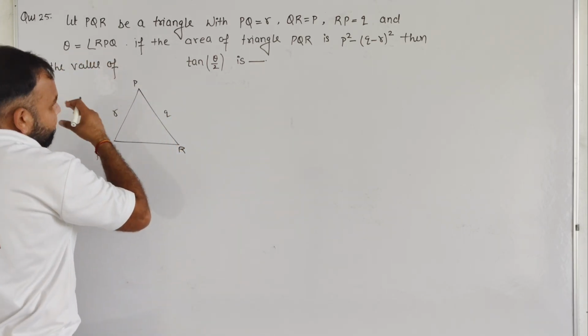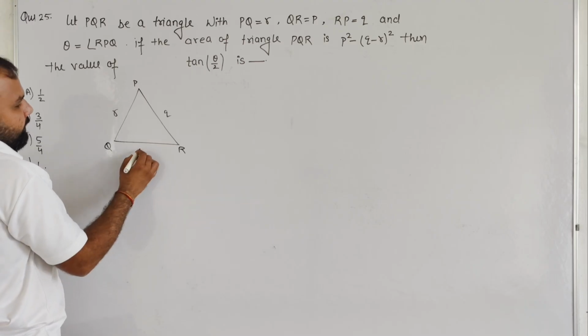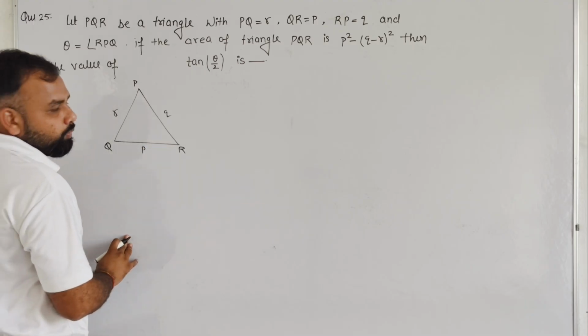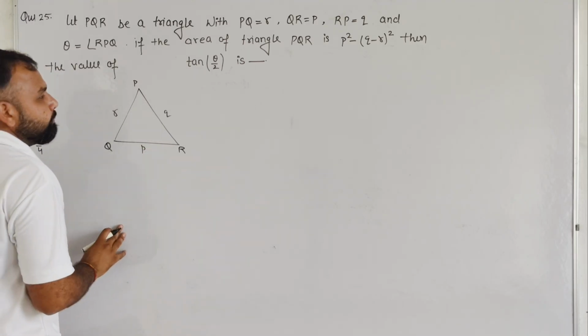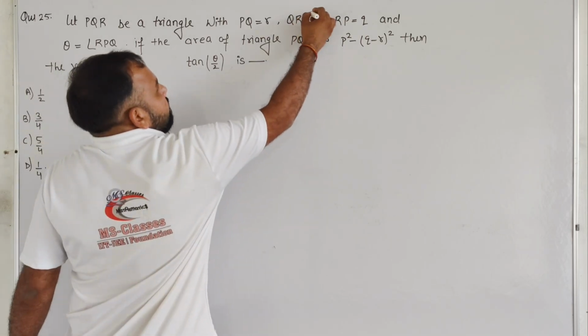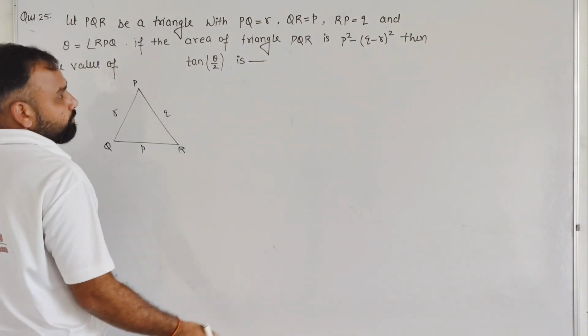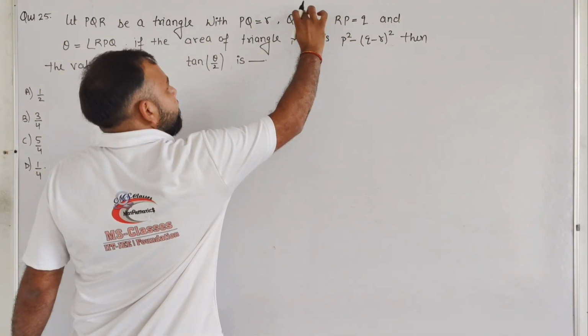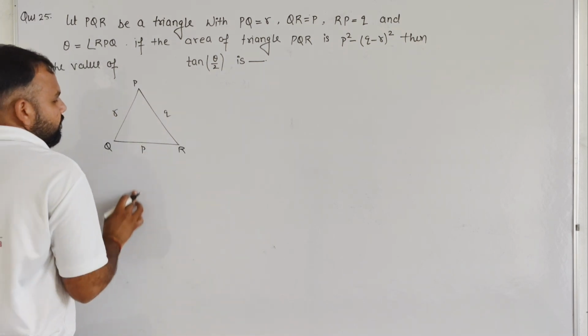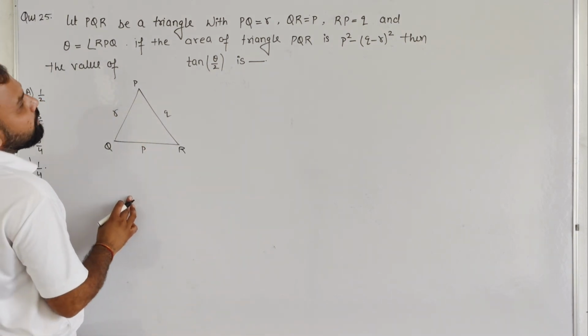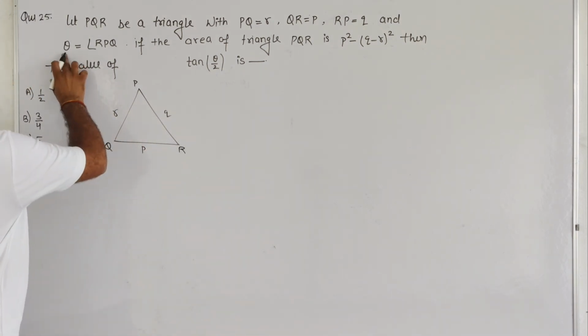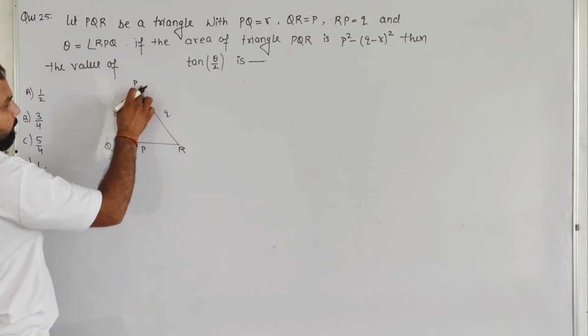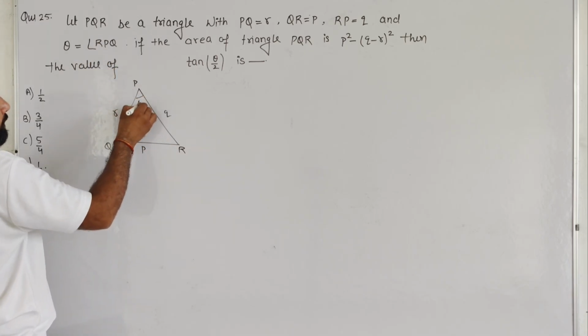And QR is p, so small p is this one. That is small p. And this is also small p. And in this question, theta is the angle RPQ, that basically theta is this one.